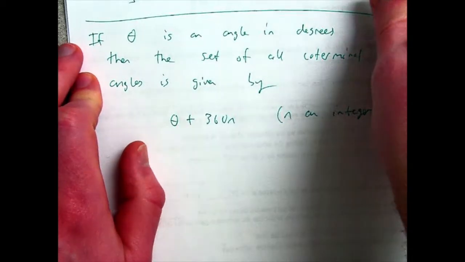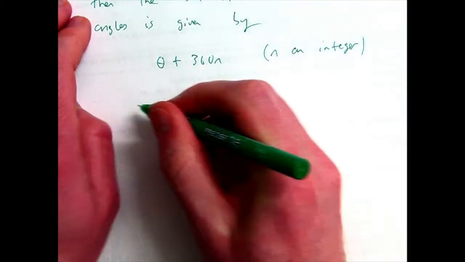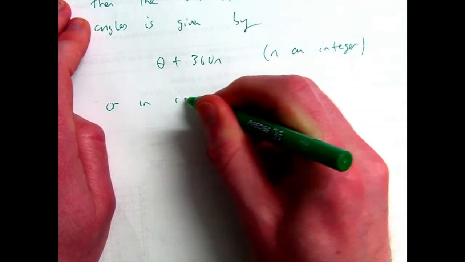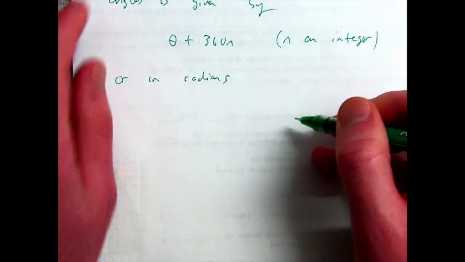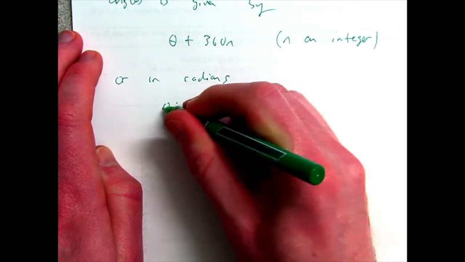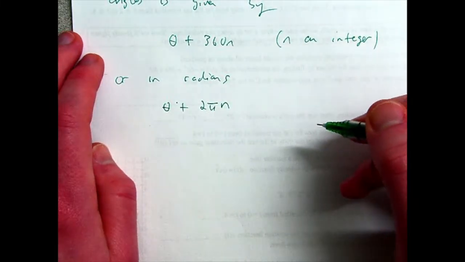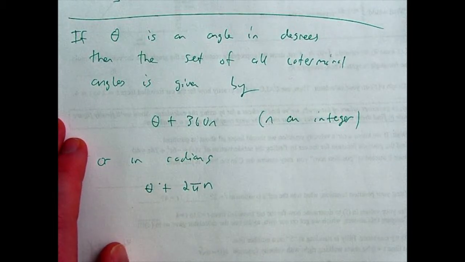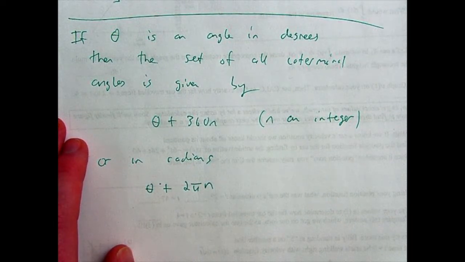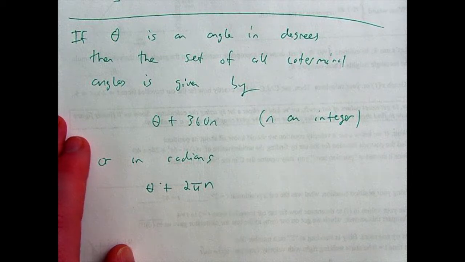On the other hand, if your angle is measured in radians, which it usually will be, then it will be theta plus 2 pi n, okay, again where n is an integer.